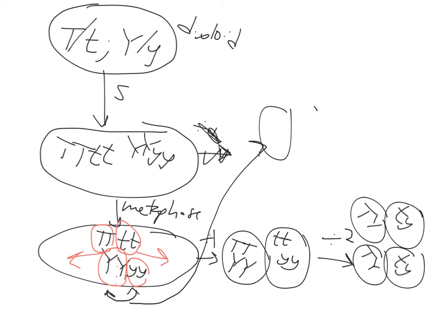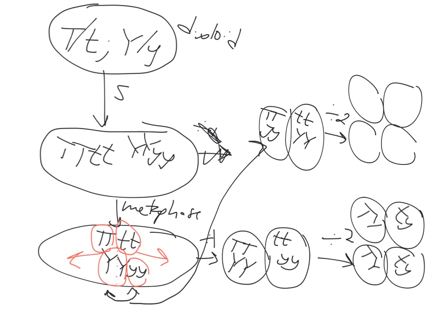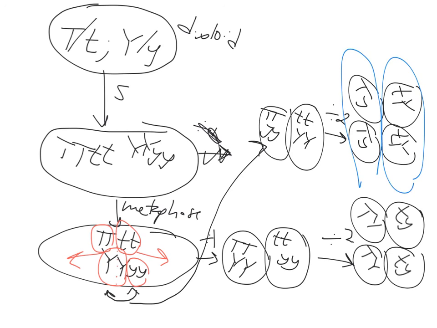In that orientation, you get the capital T's with the lowercase y's and the lowercase t's with the capital Y's. Then you get the second division, and then you get capital T, lowercase y, capital T, lowercase y, lowercase t, capital Y. Notice that these different genotypes exist in a 1 to 1 to 1 to 1 ratio.